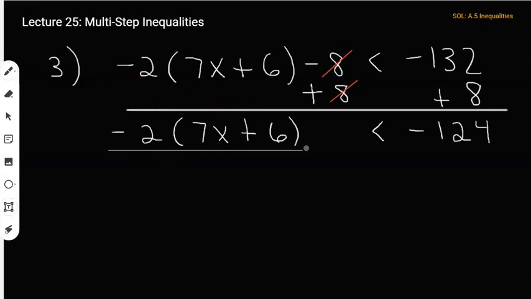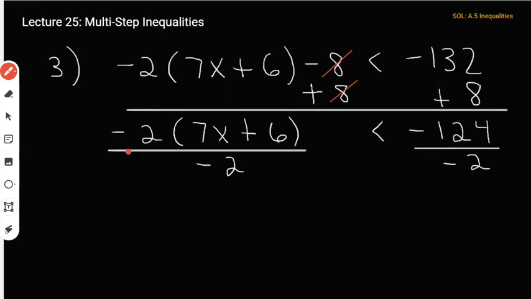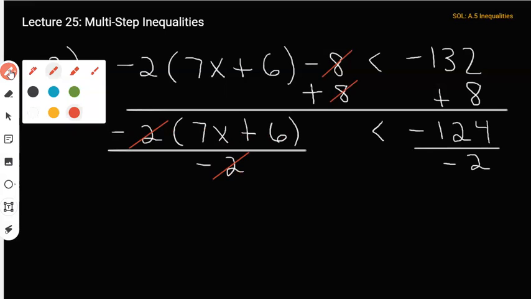I'm going to do that. So let's divide this side by -2. And we're going to divide this side by -2. And you're going to see that this is going to work. Because what's going to happen is the -2 on the top and the -2 on the bottom will cancel out, right? So I can cross those out, and I'm only left with the 7x plus 6 on the inside.